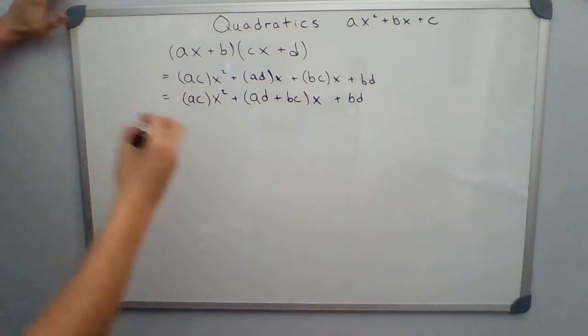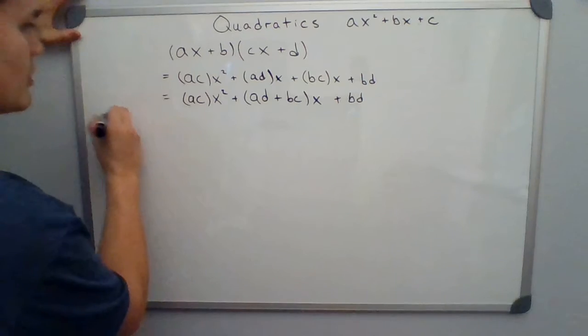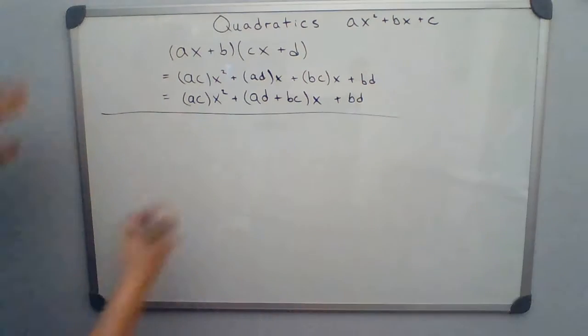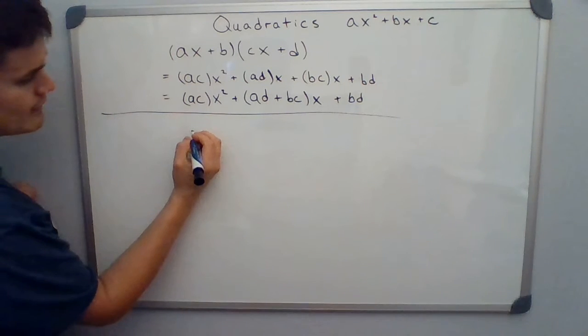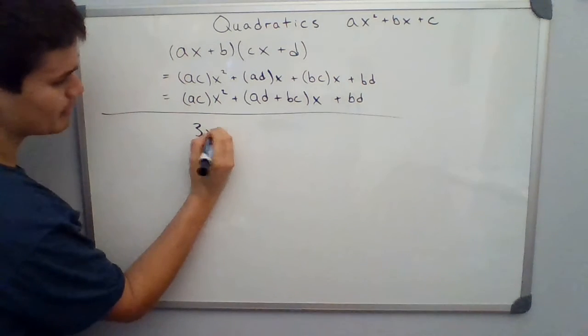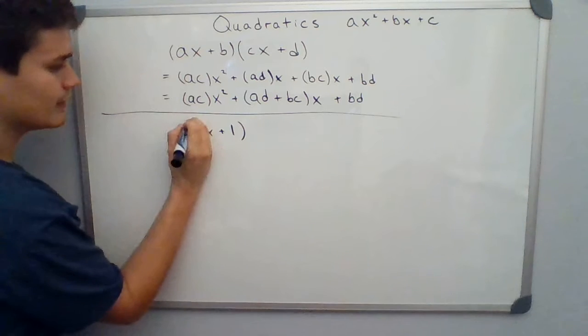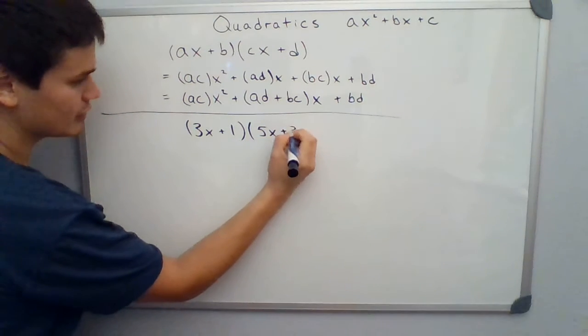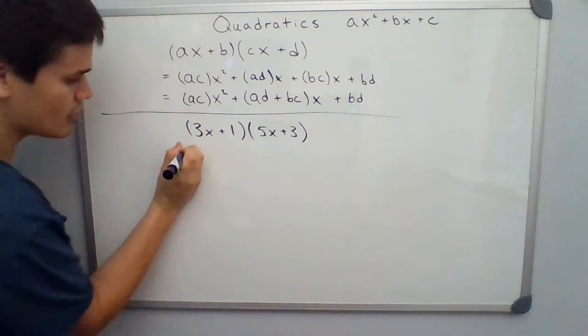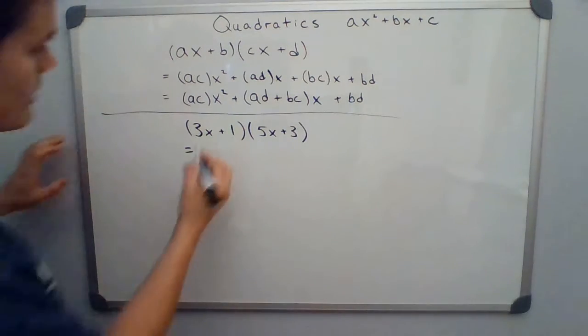But let's do an example, and I'll just leave this part up here so we can see what's going on. I'll just do backward examples, since I don't really have any of these planned out. But I'll just pick all of my favorite prime numbers.